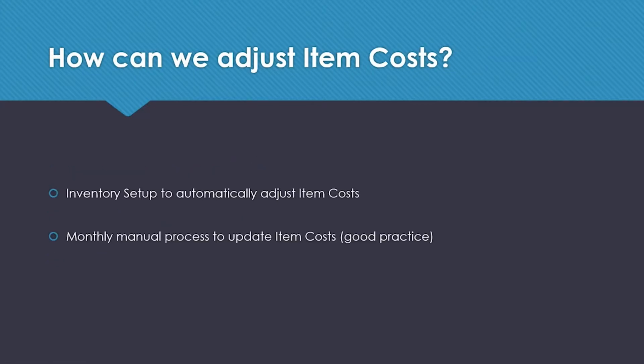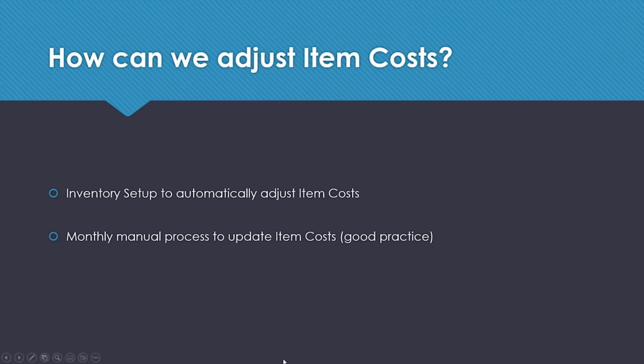So our next question was, how can we adjust item costs within the system? Now, normally it should be done automatically. So you wouldn't need to necessarily be adjusting your item costs regularly in the system, but occasionally there might be a scenario where you need to retrospectively adjust item costs, e.g. a freight charge or a late invoice on freight that's got different posting dates set up in the system.